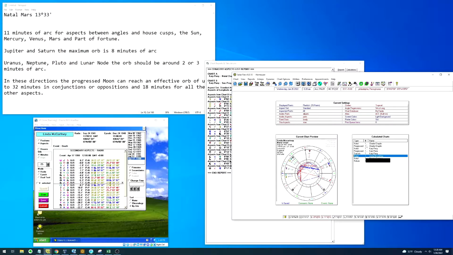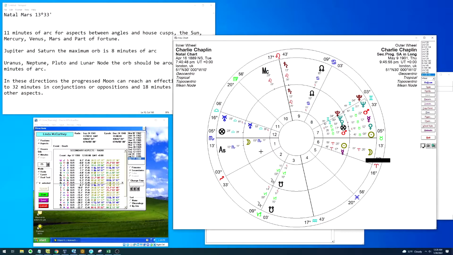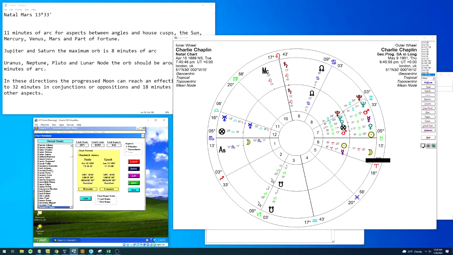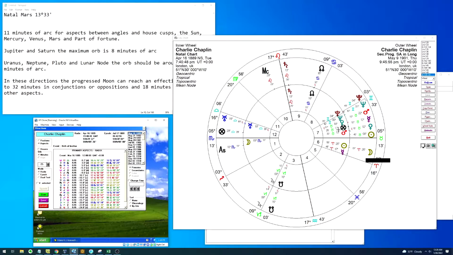Our third example here, which brings us to the problem with this technique. Let's look here at this Charles Chaplin horoscope. These are the secondary progressions for the date of death of his father. And the indicative aspect here is the square between Saturn and Mars.